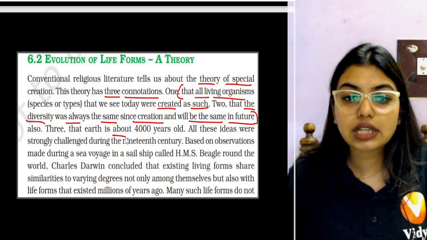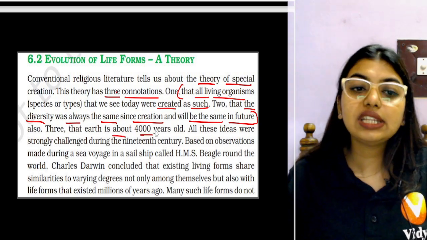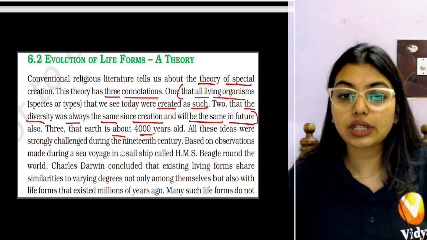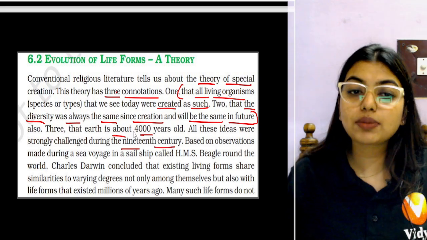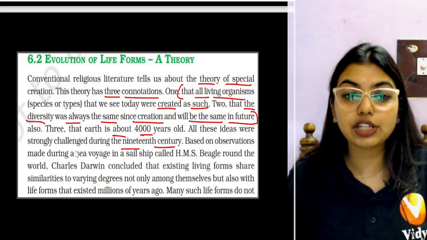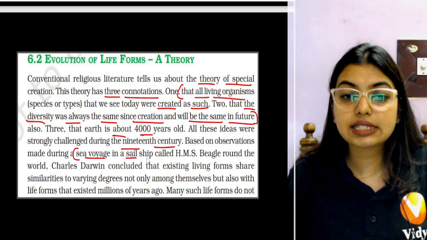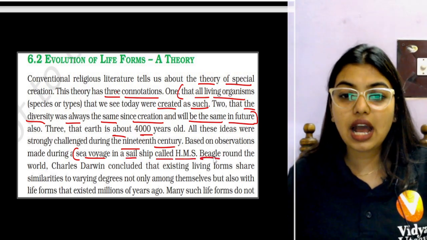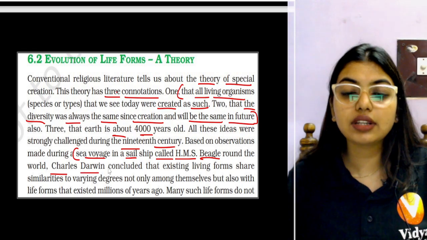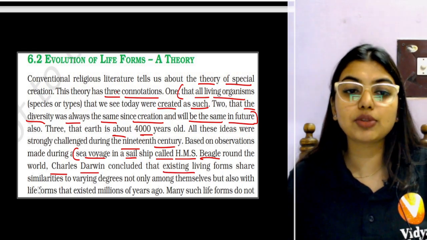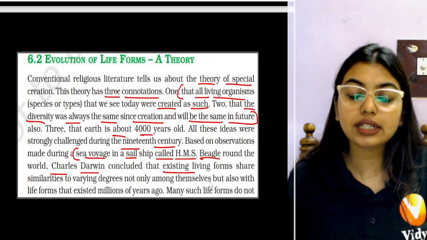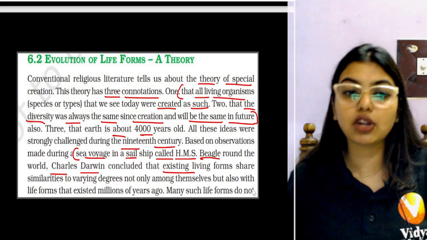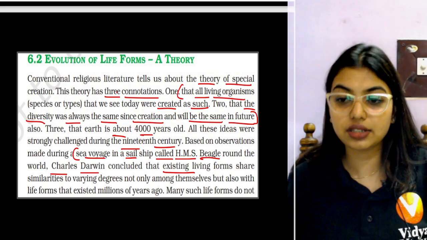And third, that earth is about 4,000 years old. All these ideas were strongly challenged during the 19th century, based on the observations made by Charles Darwin during a sea voyage in a sail ship called HMS Beagle around the world. He found that the existing living forms share similarities to varying degrees, not only among themselves but also with the life forms that existed million years ago.